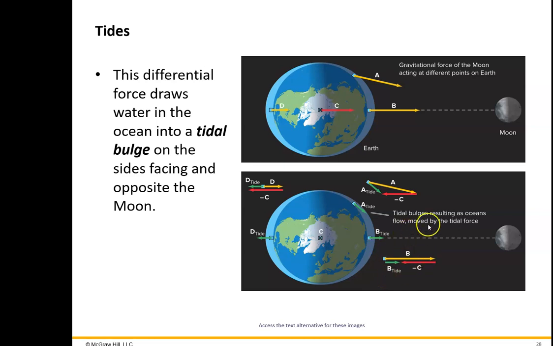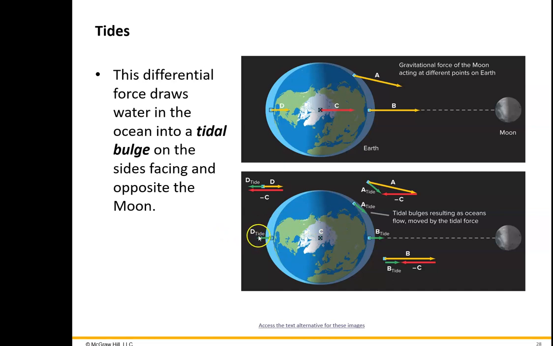In roughly 50 minutes per day, they shift. So you might have noticed that you go to the beach and it's high tide early in the morning, and then if you're there for a whole week, it won't be high tide at that same time in the morning again. All right, so that's the basic idea.